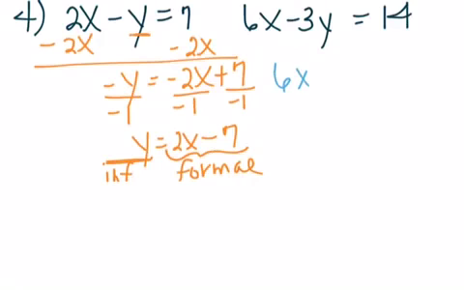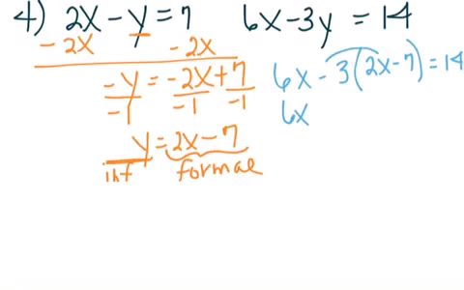So we have 6x minus 3 times, and we're going to put the formal name, 2x minus 7 equals 14. So 6x minus 3 times 2 is minus 6x. Minus 3 times negative 7 is plus 21 equals 14.